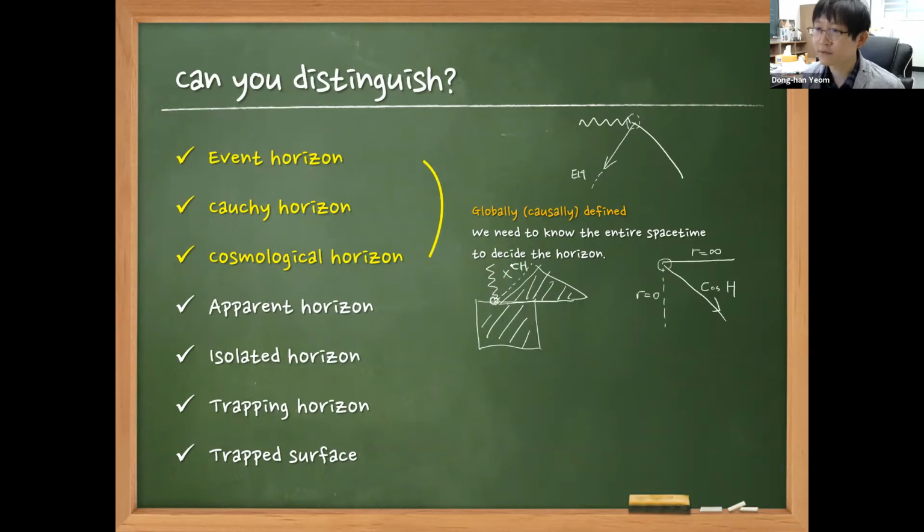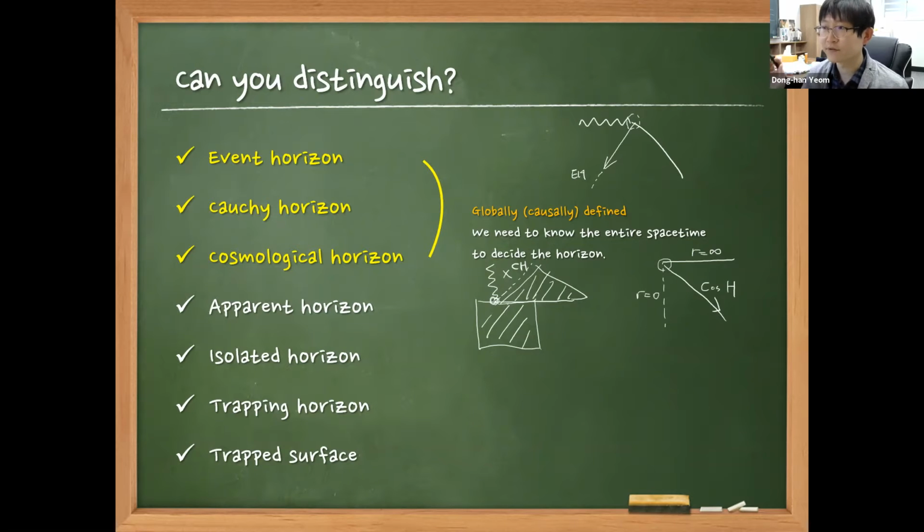Of course, the Cauchy horizon is a little bit different from the event and cosmological horizons, because you can decide from the past point and you can just draw the null line. However, still it is questionable. What happens at the Cauchy horizon, and is it really singular, or can you go beyond the Cauchy horizon and we cannot say anything?